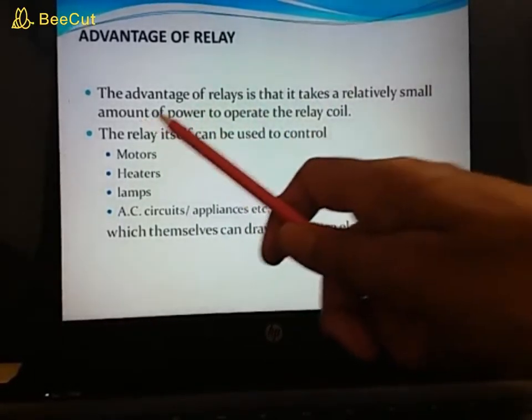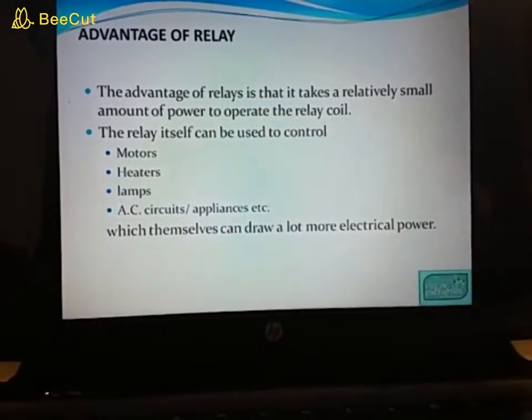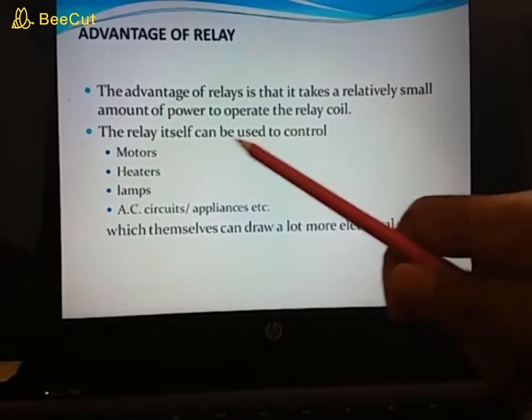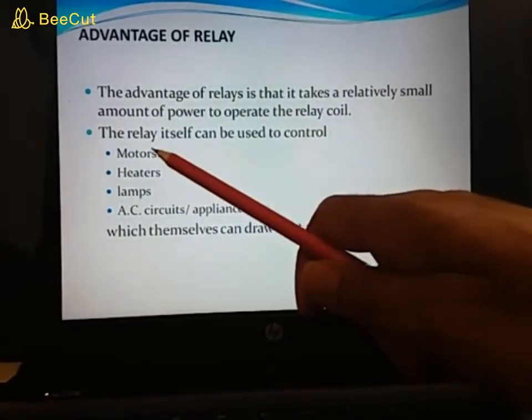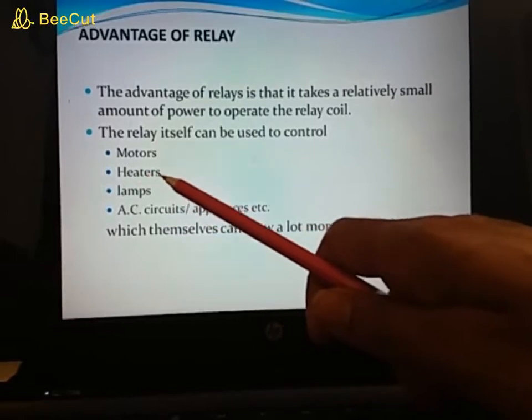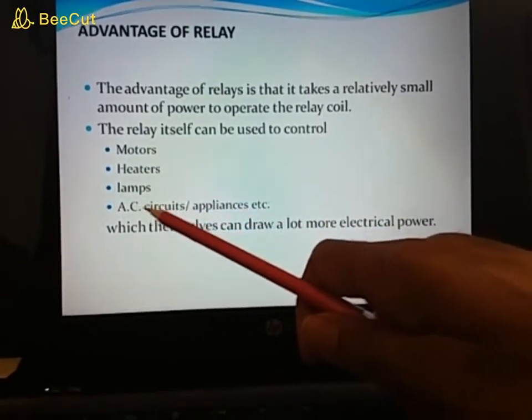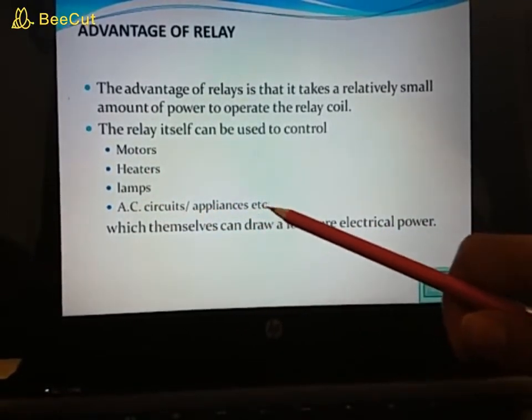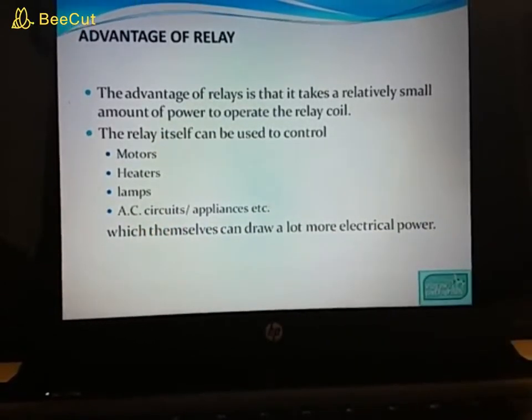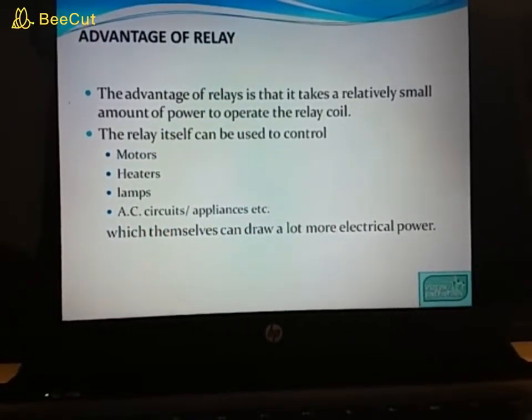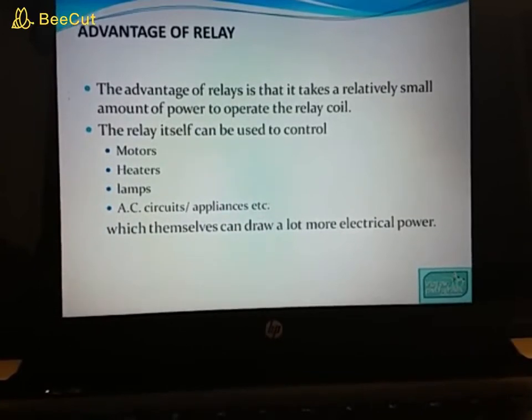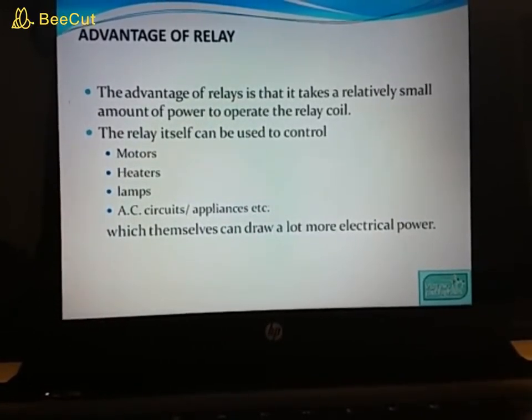A relatively small amount of power operates the relay coil, but it is used to control a motor, heater, lamp, AC circuits, appliances, etc., which are high power devices that themselves can draw a lot more current and electric power both.